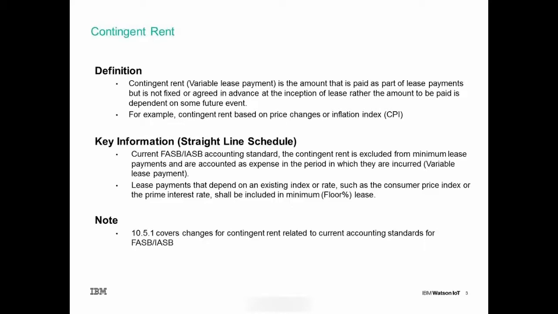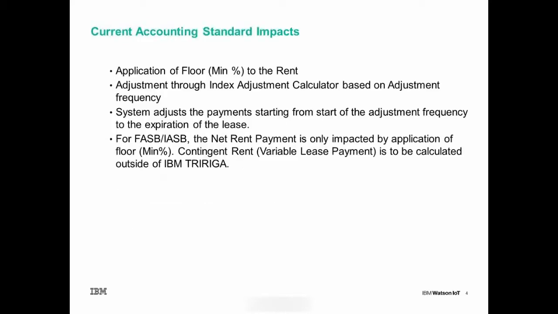Note that 10.1 covers changes for the contingent rent related to the current accounting standard for FAST IAST only. For the impact to the current accounting standard for this 10.1 release, we apply the minimum percent to the rent first of all, and then we can adjust the payment through the index adjustment calculator based on the adjustment frequency that's set on the index clause.